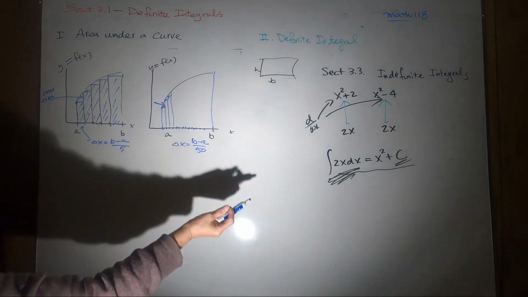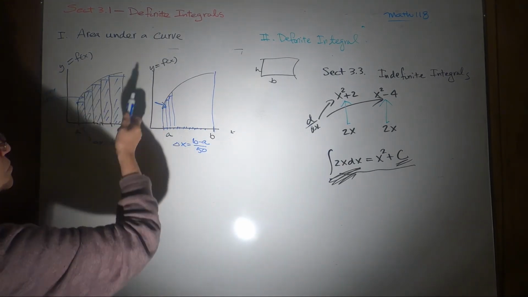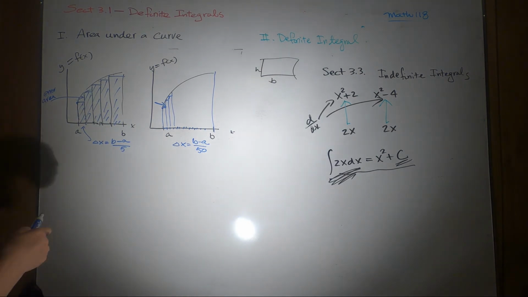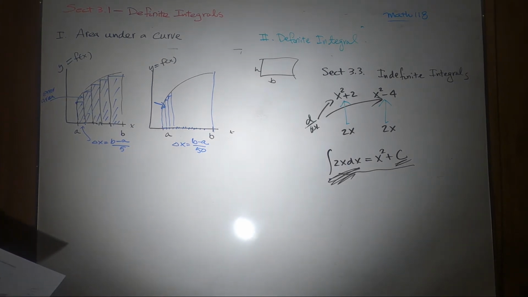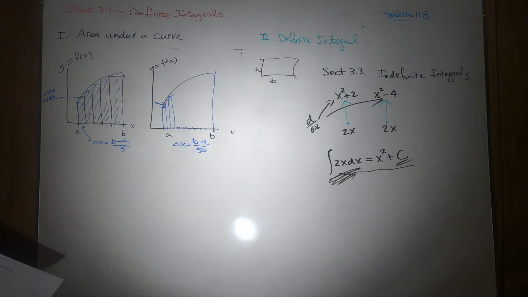If I can split it thousands of times, you will be getting closer and closer to the actual area. All right. So then let's see how we are going to estimate the area.